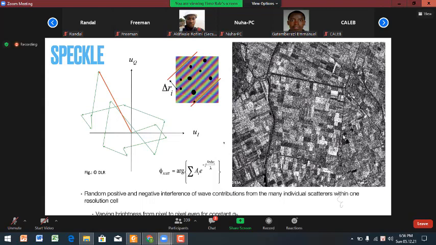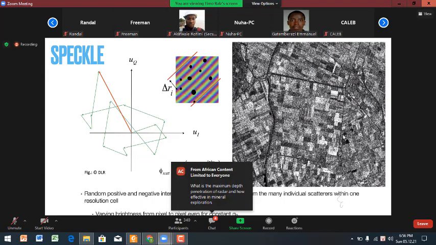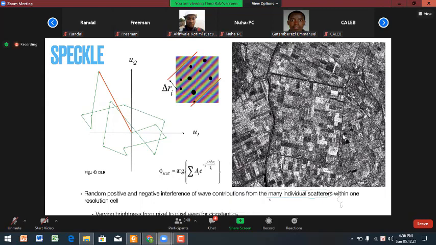Okay. We will talk about it a lot. Important at this second: A, it's noise and we do not like it. Okay, it's ugly. But B, remember, speckle comes from the many individual scatterers.